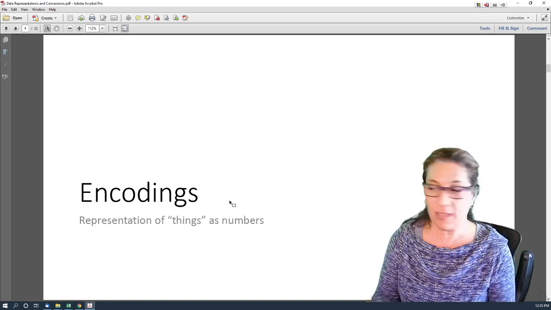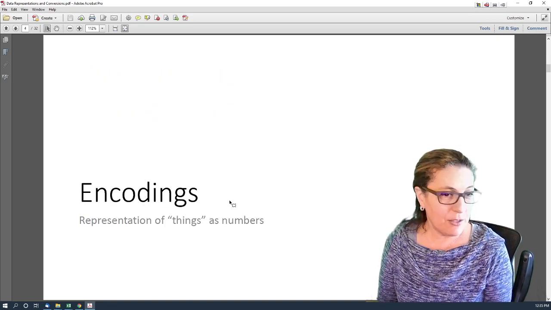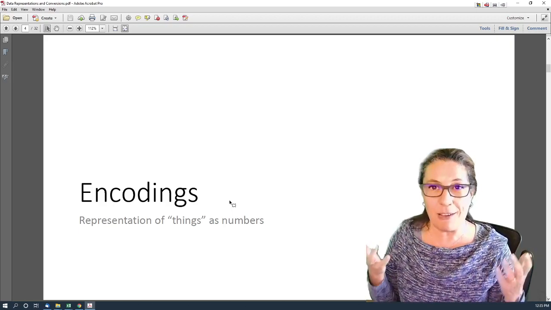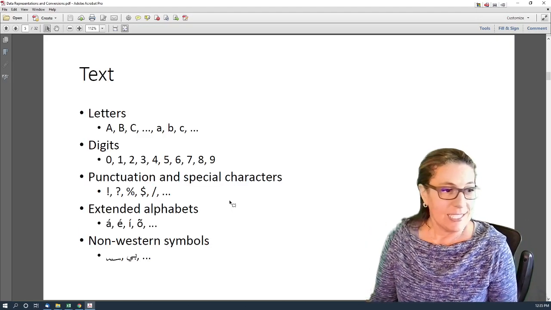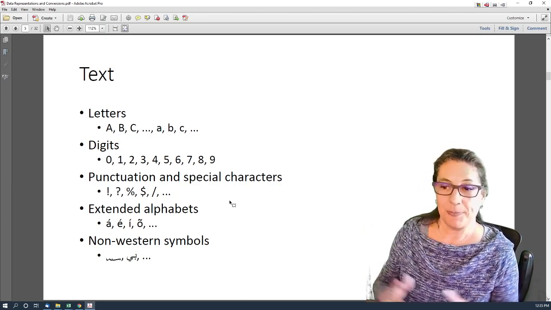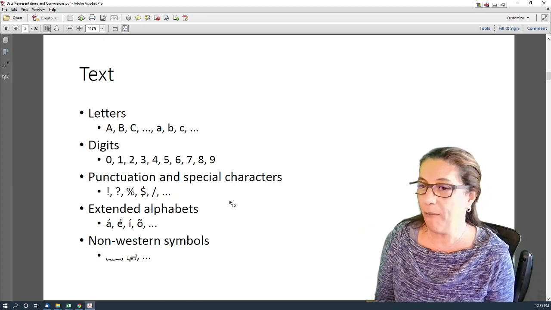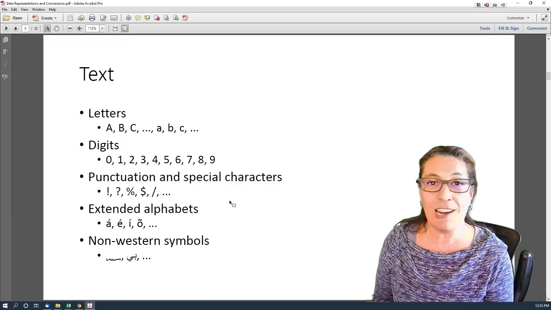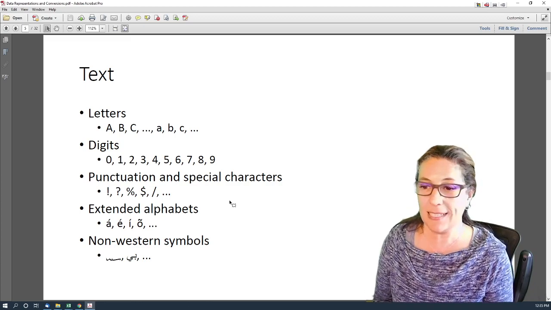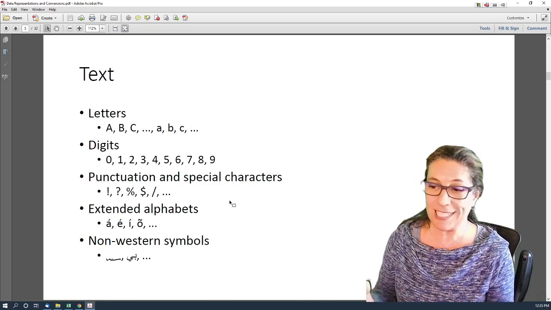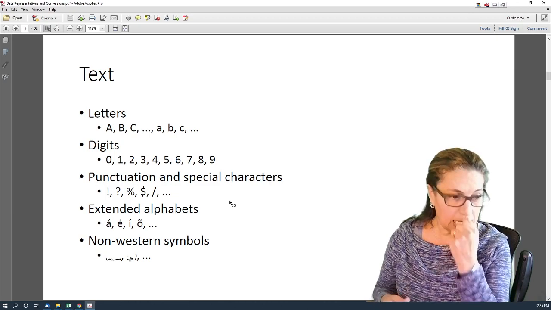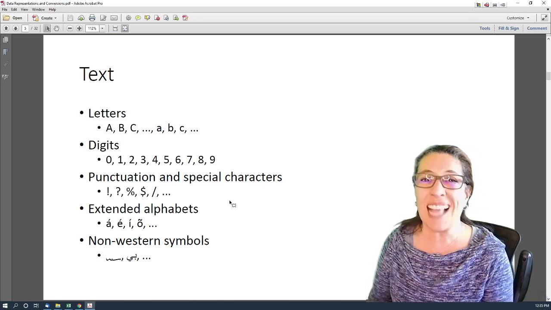So let me start with the first part, encodings, which is the representation of the things that we care about as numbers. So what are these things? Let's start with text. Text is a pretty obvious thing because we live by and large with written documents, and we use letters, digits, and punctuation, and there are all sorts of extended alphabets out there.